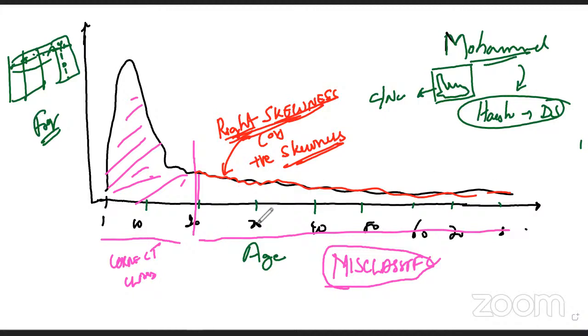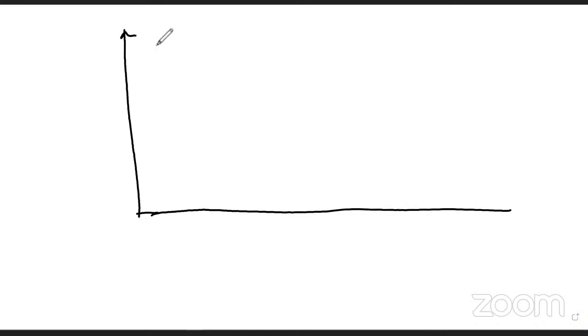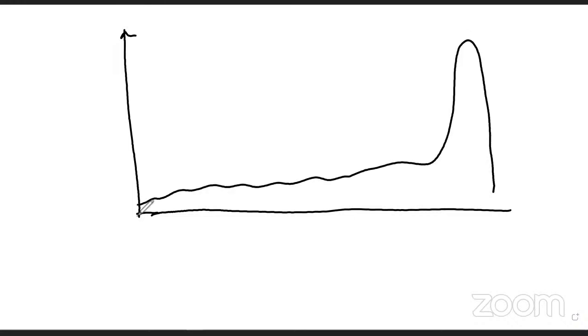Now the straight opposite case, let me erase this. The straight opposite case, what exactly is it? If you look at it, here I have ages between 80 to 100. Already here 70 and 70, 60, 50 and everything.